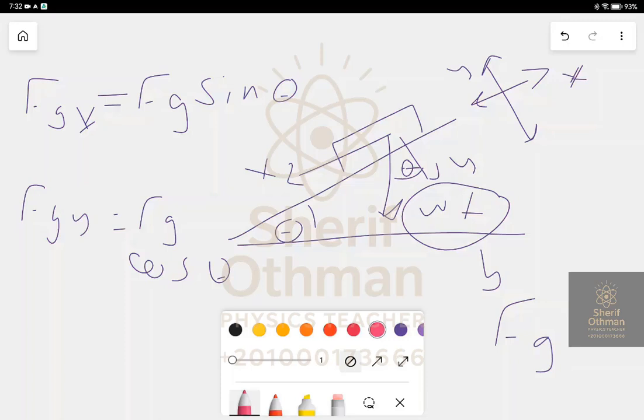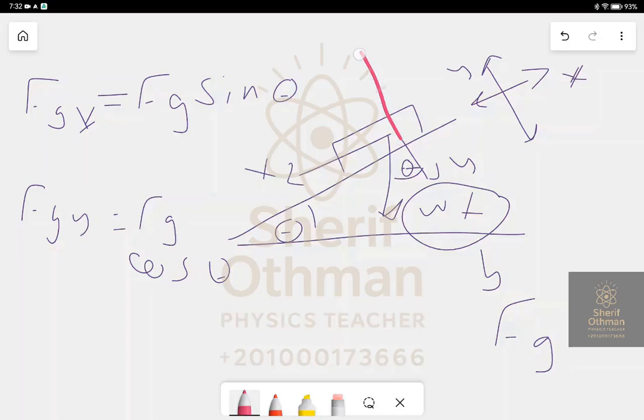If the object is stationary, which means it doesn't move, there are two other forces making the net force applied on the object zero. One of them is against the object's weight, applied by the inclined plane and perpendicular to the inclined plane. Who can tell me the name of this force? This force is the normal force.